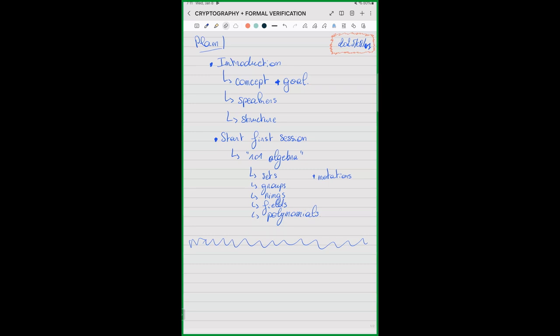We're going to make presentations about cryptographic protocols, but also we're going to study some tools to be able to do some formal verification, and we're going to try to intersect these two sessions.